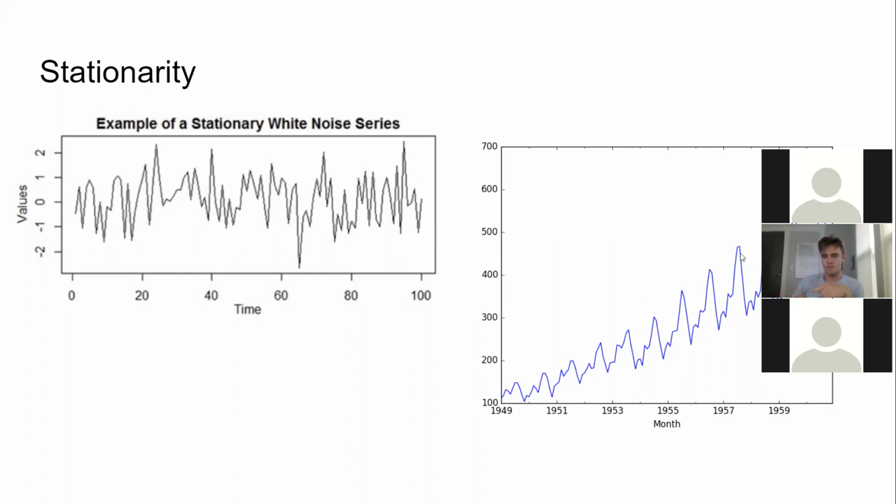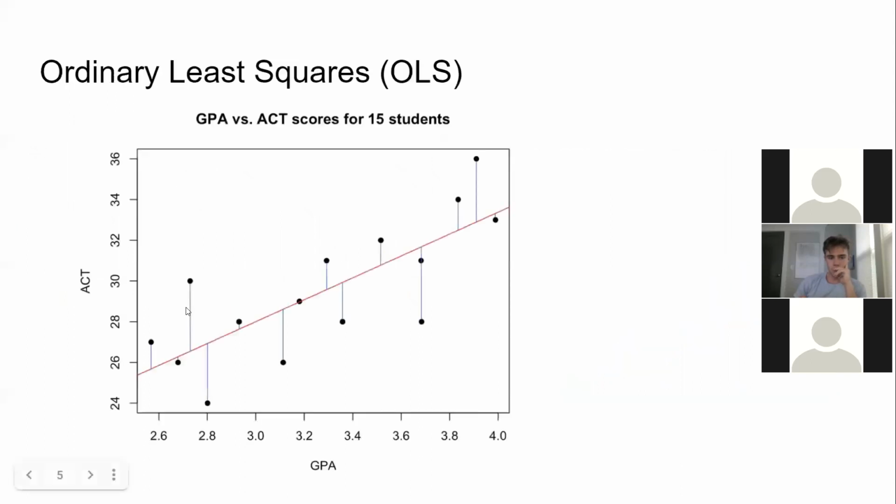Does anyone know why this is not stationary? Okay, let me repeat it. A stationary series has constant mean and variance. What happens with this series? The mean and the variance are increasing as time goes on. Yep, that's correct.